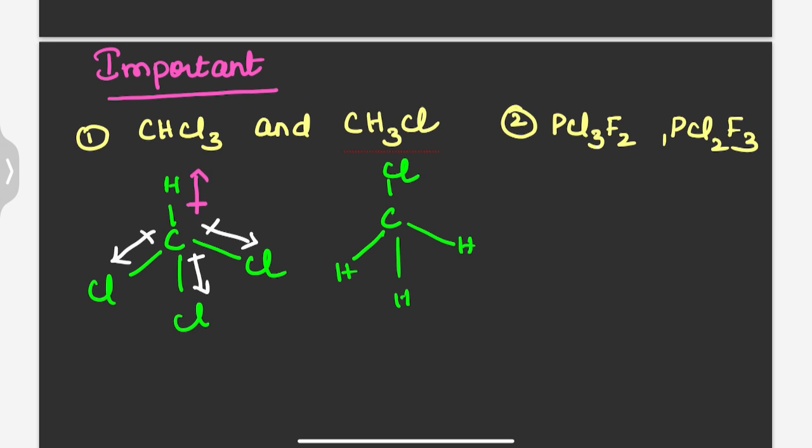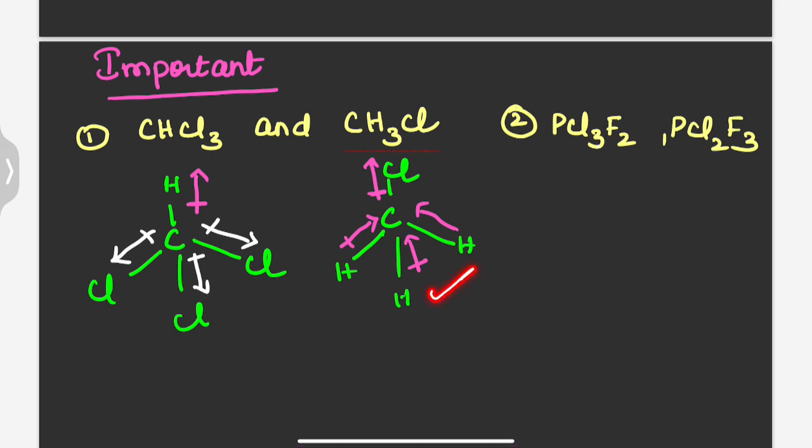We will see the second molecule. Here carbon and hydrogen, if you compare, it will be towards carbon. So the dipole moment will be exerted towards carbon. And then carbon and chlorine, if you compare, chlorine is more electronegative. So here you will write in this direction. Now you can see all are in the same direction.